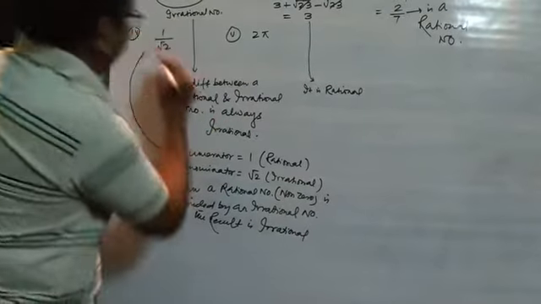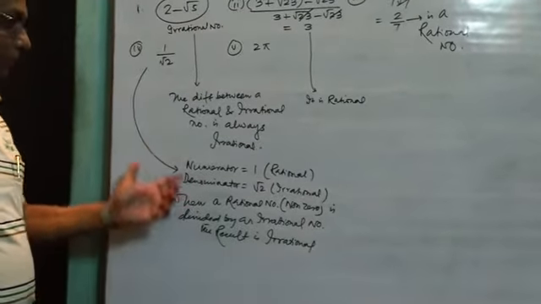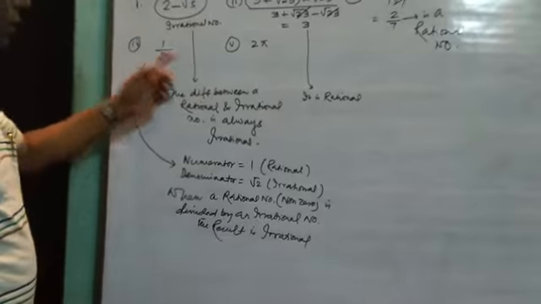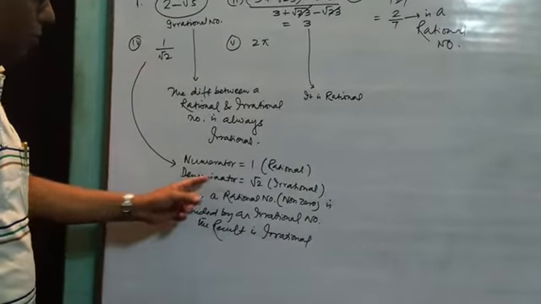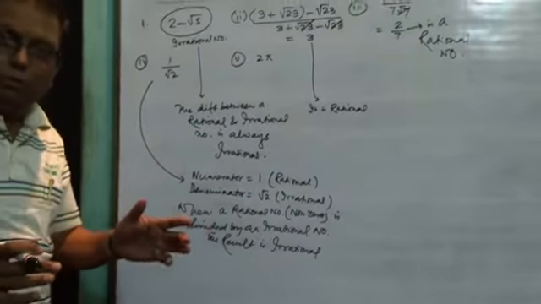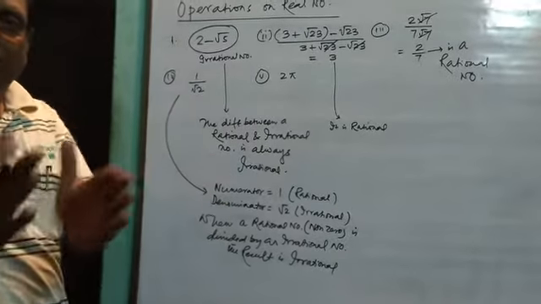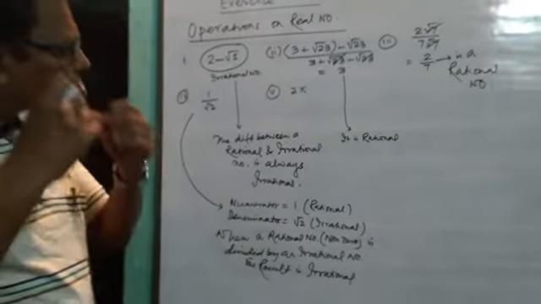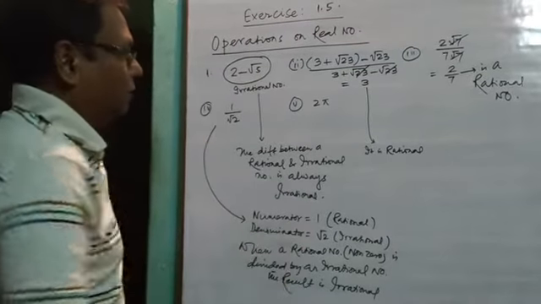So in this question number 4, the result is irrational because the numerator is 1, that is a non-zero rational, and the denominator root 2 is irrational. At the very outset I told you, if a non-zero rational is attached with an irrational number, in any way by plus, minus, multiplication or division, the result is irrational.